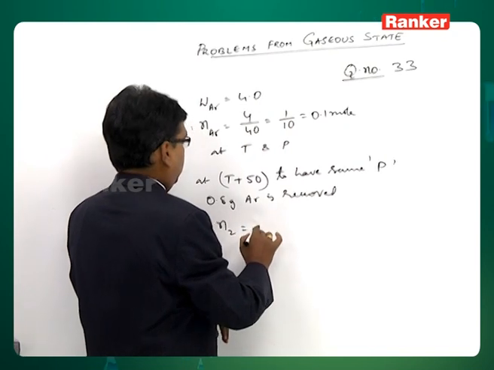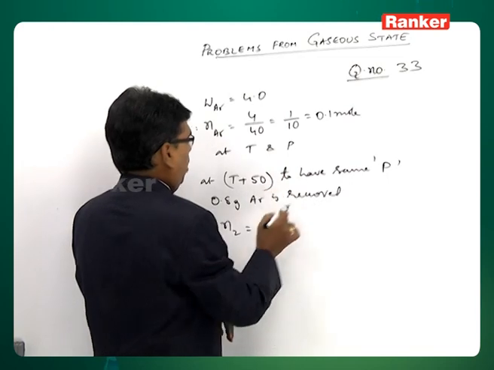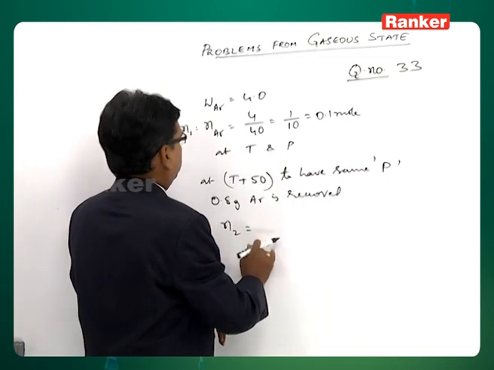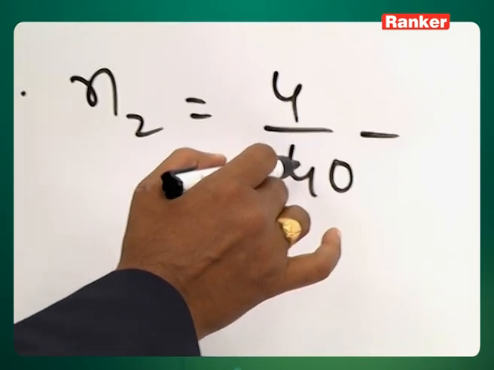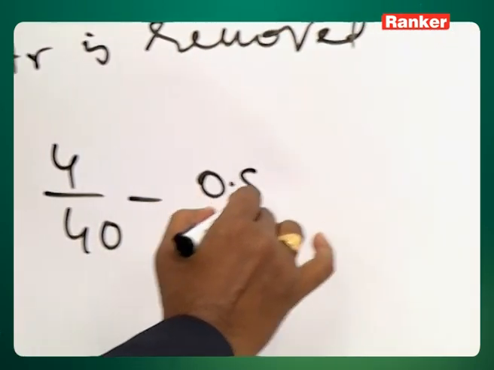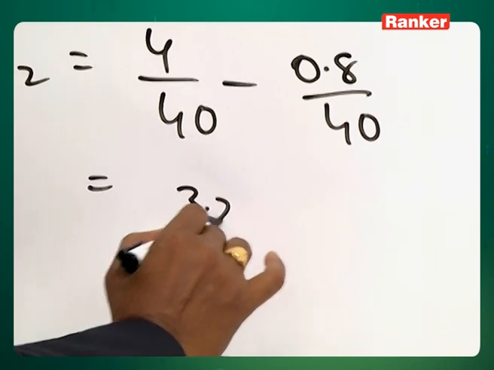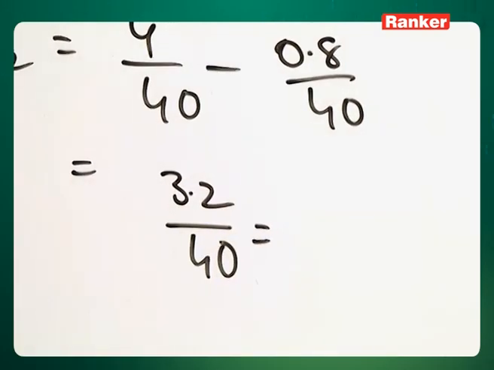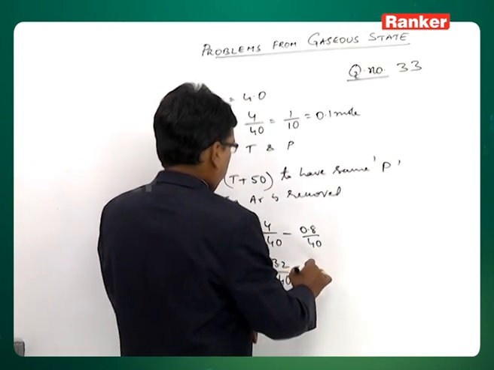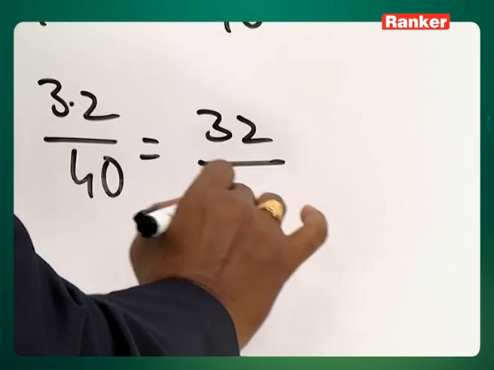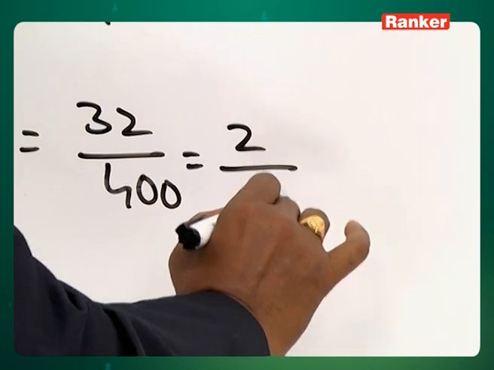N2 is the initial number of moles of argon minus the amount that is removed. Now, N2 is equal to 4 by 40 minus 0.8 by 40, right. So, this is 3.2 by 40, which is equal to 32 by 400, that is 4 by 50 or 2 by 25.